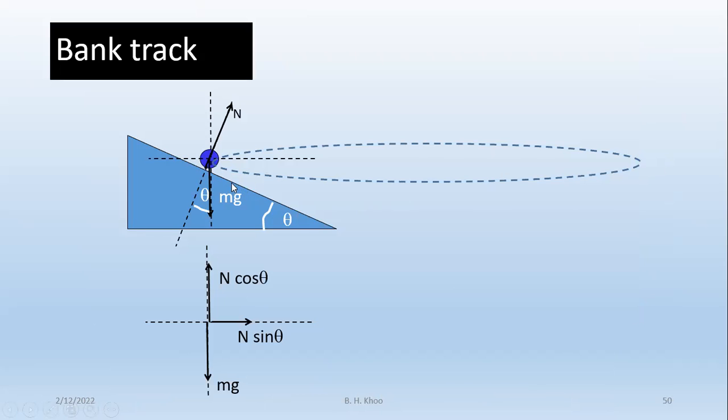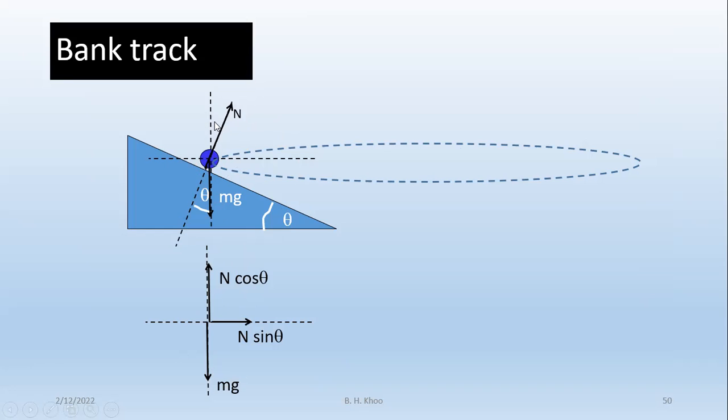So if we look at this horizontal curve, that's the road. The object is coming out towards us or going in, doesn't matter. If there's an angle theta, this angle theta, same thing. There's the normal to the surface, so that's the normal reaction. You must know that. Since we want a horizontal circle, we resolve this normal reaction into a vertical component, N cos theta, and a horizontal component, N sin theta.